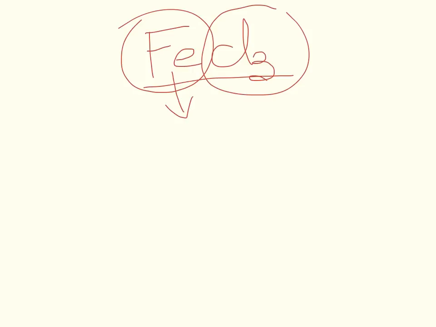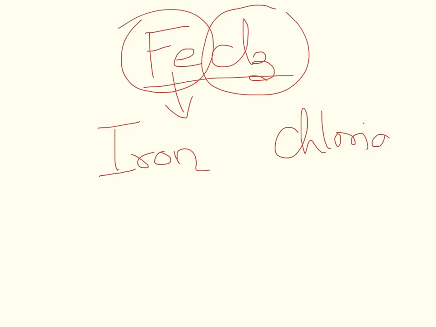First, we write the name of the metal first, ion, right? Always cation is written first. So ion, and then we write name of the anion, chloride. But remember, this is the kind of metal that forms more than one charge, more than one type of cation. So what is the charge of this ion here? You can clearly see that the charge of ion is 3.